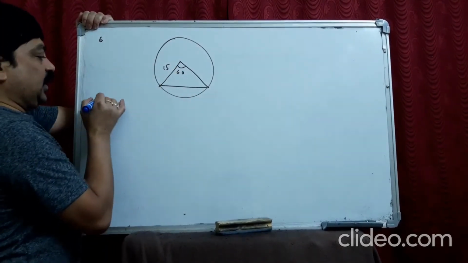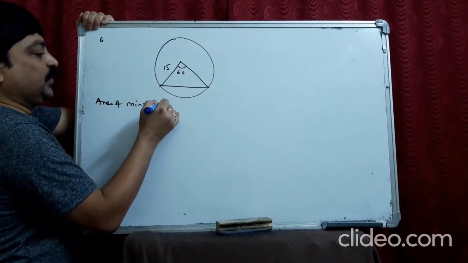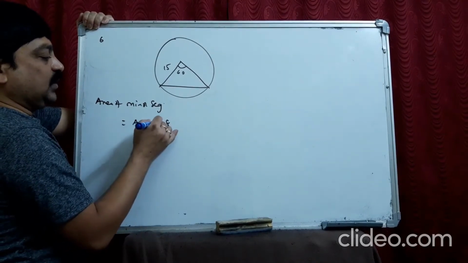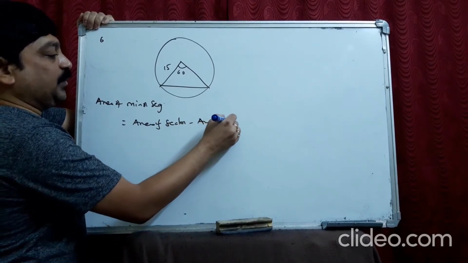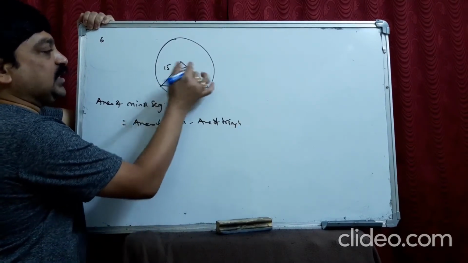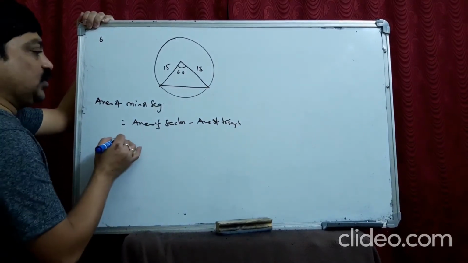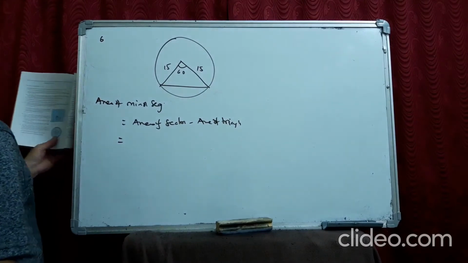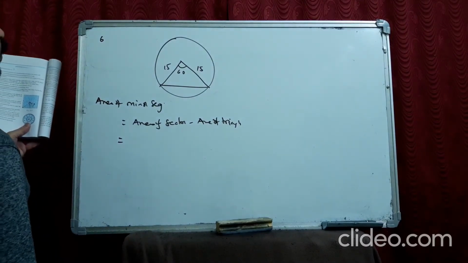Area of a minor segment is equal to area of a sector minus area of triangle. I told you already in the previous problem, if the angle is 60, the triangle becomes an equilateral triangle. So area of a sector minus, and you are asked to take here pi value 3.14 and root 3 value 1.73.